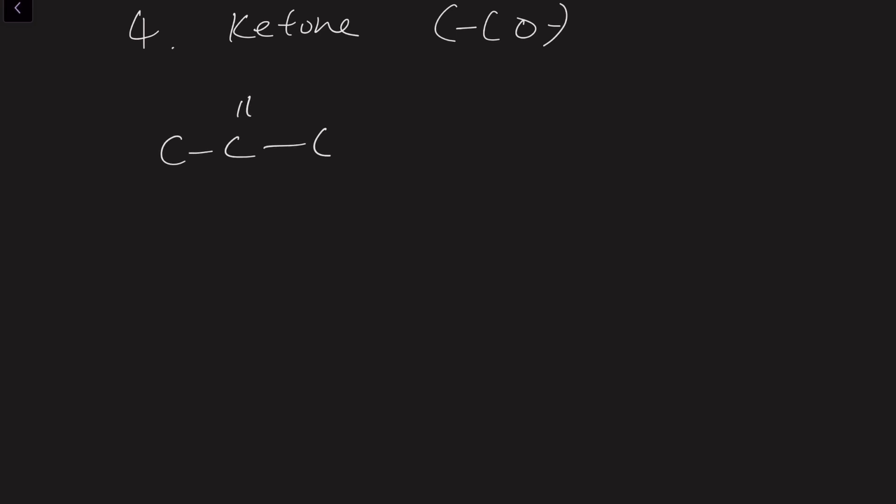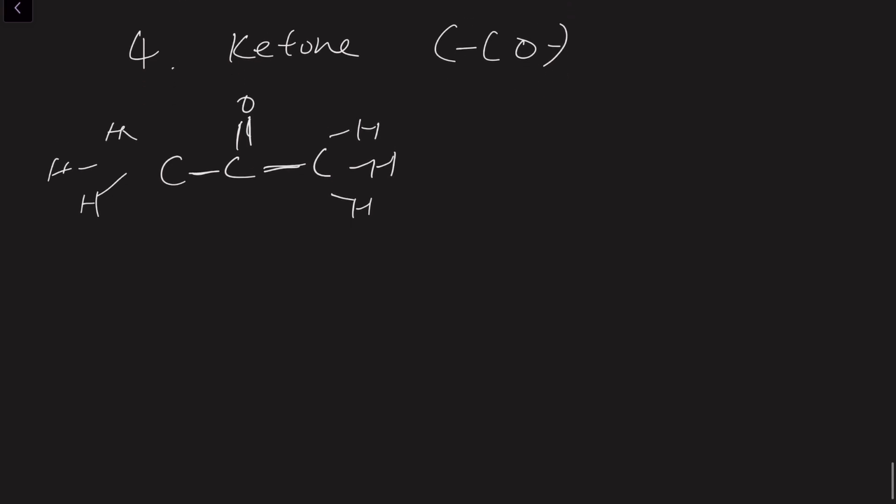So the last functional group to do with the C=O double bond is ketone. It is the C=O bond itself, so it looks something like this. There's no hydrogen attached to the second carbon because it already has 4 bonds. So it is also formed by oxidation.